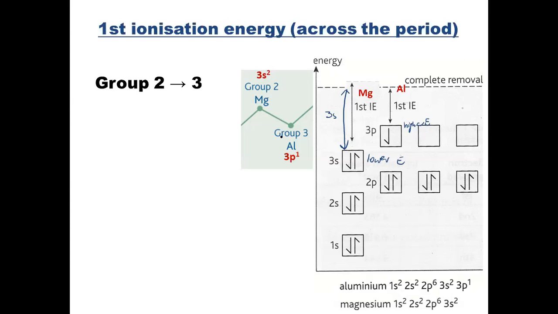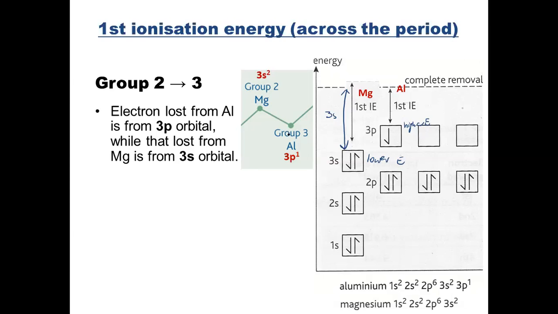So this explains that. How do you write that when you ask the question? The question could be, explain why going from magnesium to aluminium, ionization energy decreases, which is different from the general trend. You say that the electron that is lost from aluminium comes from the 3p orbital. The electron that is lost from magnesium comes from the 3s orbital.